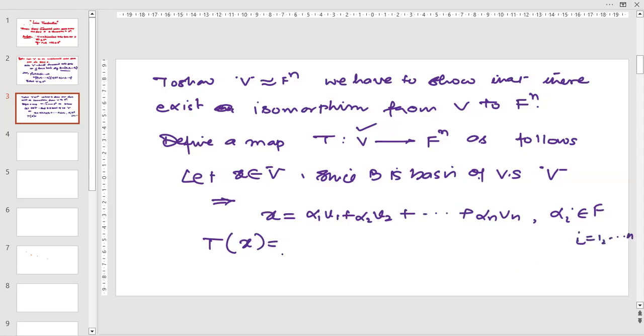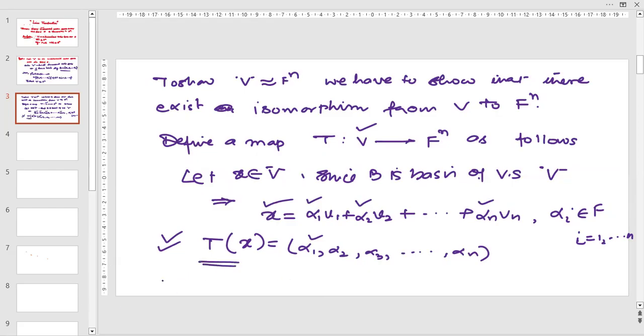Now we define T of x equal to (alpha 1, alpha 2, alpha 3, and so on, alpha n). So T of x is defined such that if x is this linear combination, we just pick up the scalars, the constants, and make an n-tuple. This n-tuple is what defines T of x.